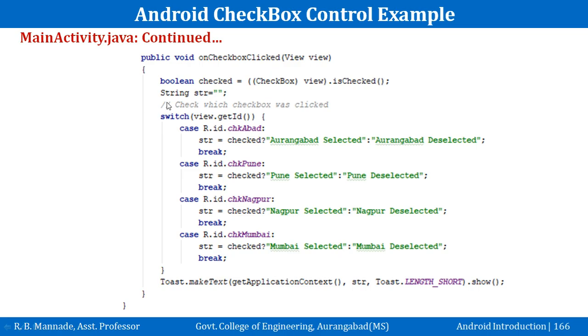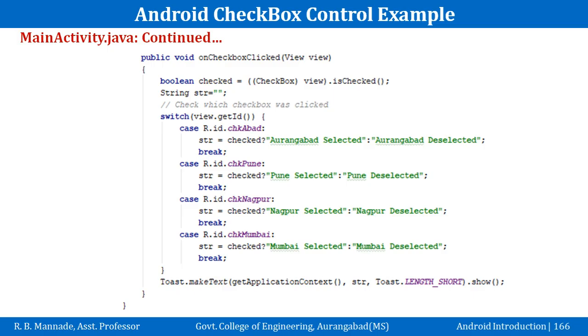Then we declare a string type variable, which is blank initially, and we pass the view.getId method to the switch statement.